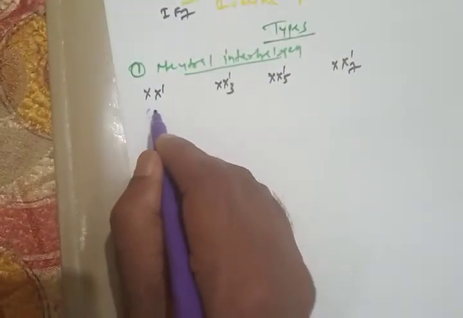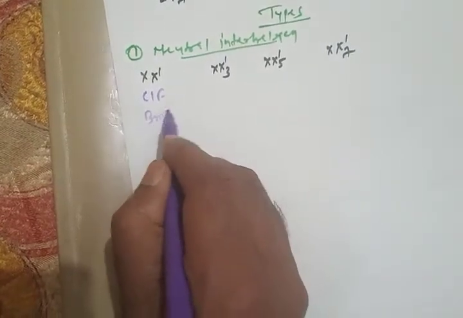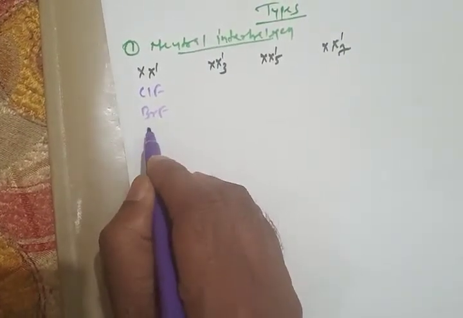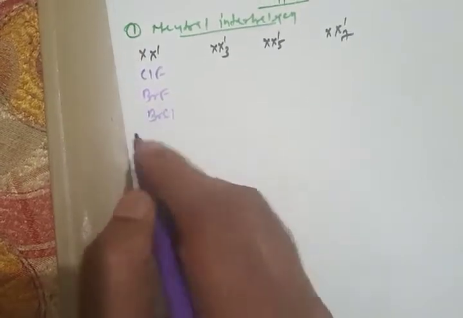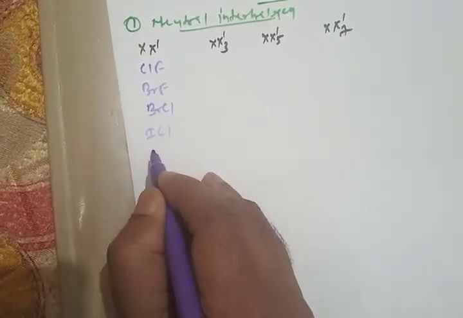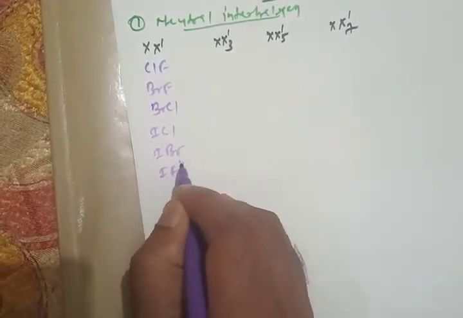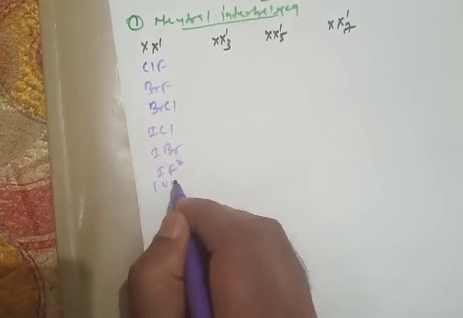Here are some examples of XX': ClF, BrF, BrCl, ICl, IBr, and this I'm writing IF. This is highly unstable.